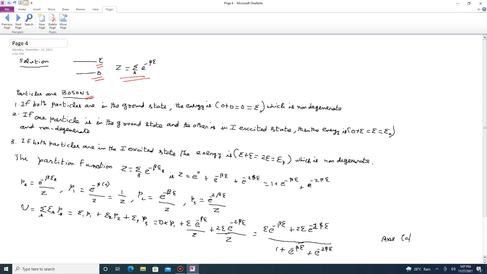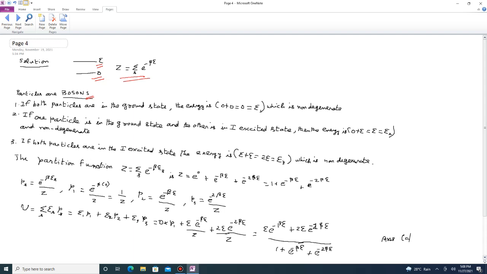For bosons, the number of particles which can occupy a particular level has no constraint. Only for fermions there is a problem, where you have to apply the Pauli exclusion principle. For bosons, any number of particles can occupy a particular state.